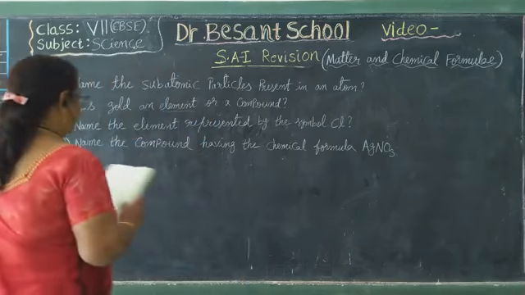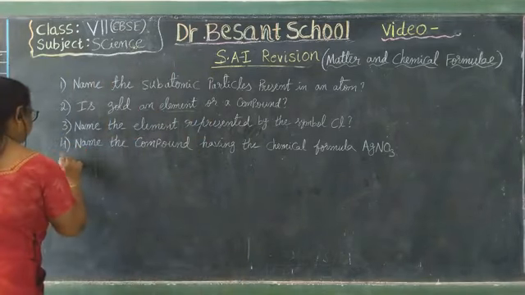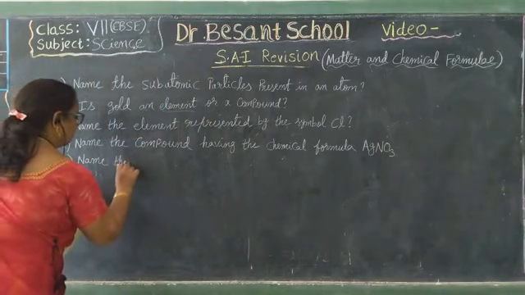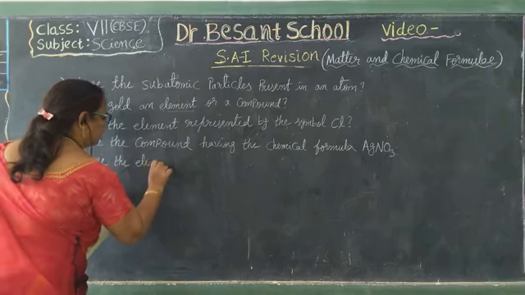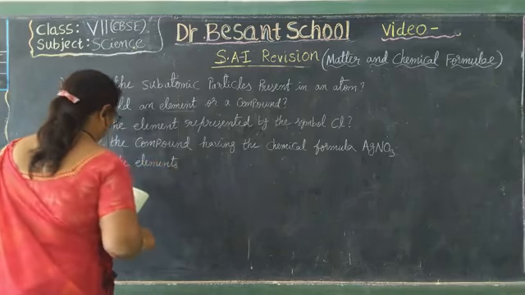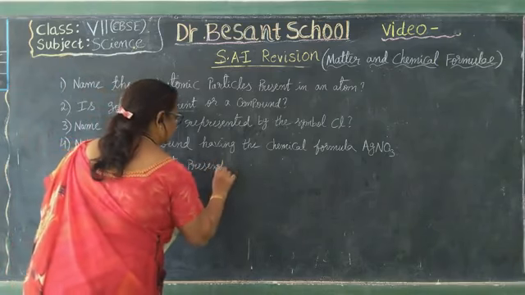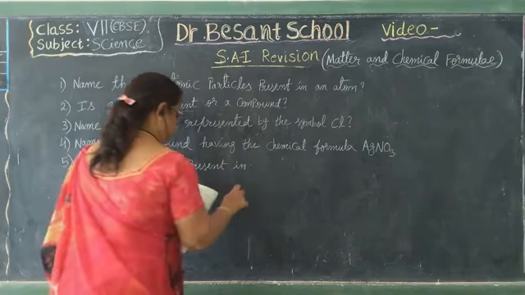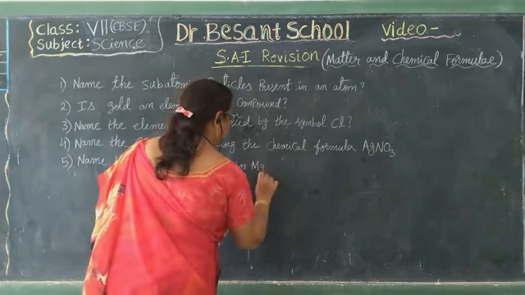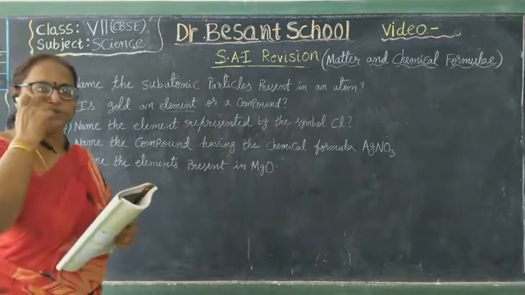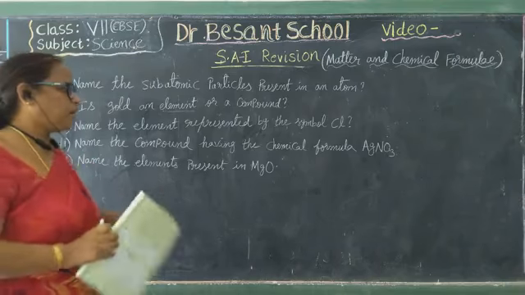Next, name the elements present in MgO, capital M, small g, capital O. MgO is a compound.